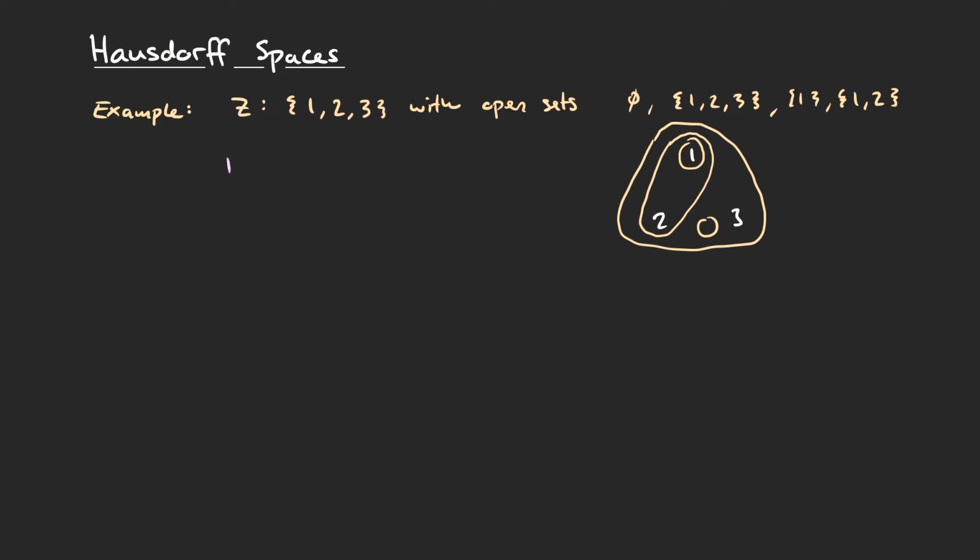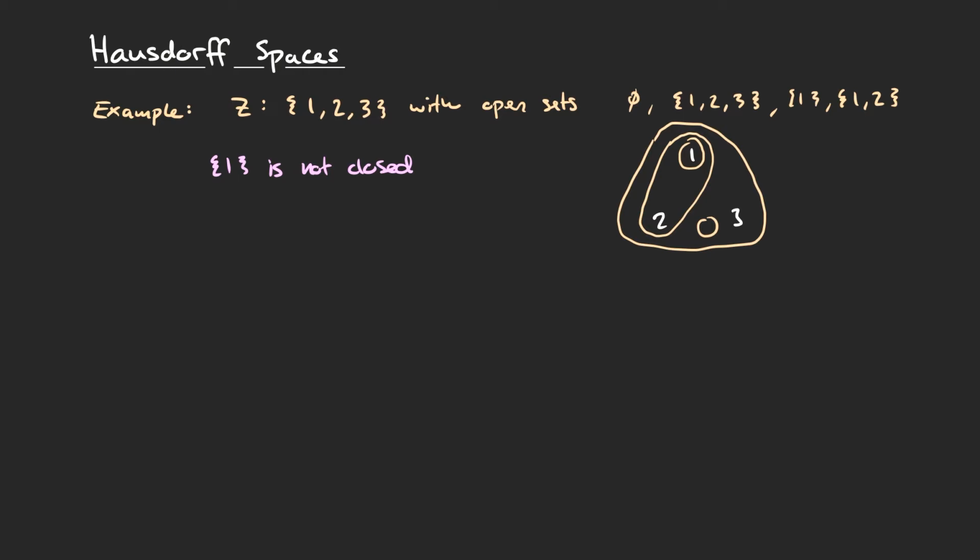First, we observe that the singleton containing 1 is not a closed set in our space. Why is this? Well, we just apply the definition. We recall that a set is closed if its complement is an open set.